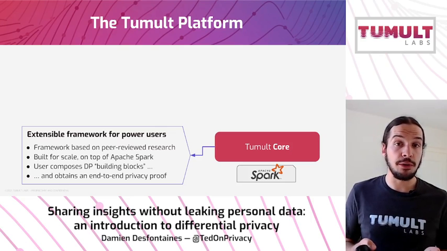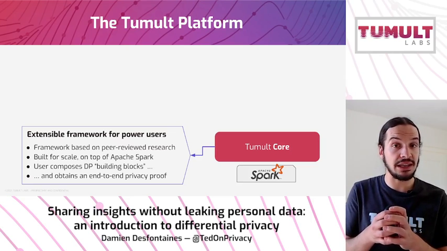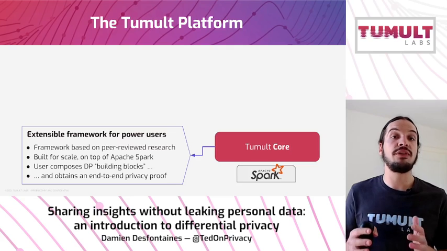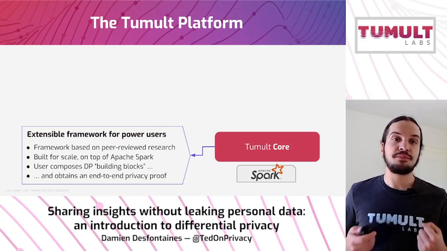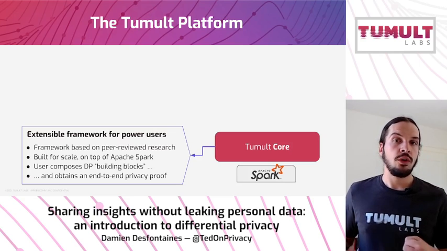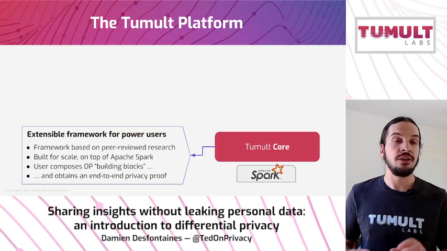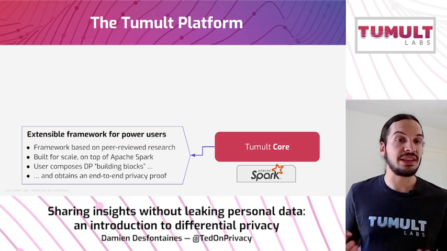A programmer using Tumult Core can take these building blocks, assemble them to implement very complex algorithms, and the framework will provide a privacy proof that the overall mechanism is differentially private, for free. This property is fundamental to making our software robust. All we have to do is test and audit small components that are easy to review and audit, and the overall safety property follows.